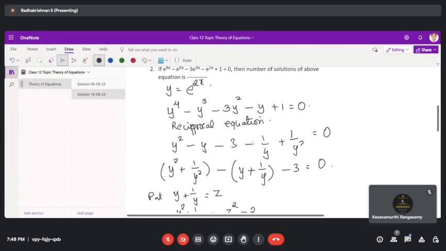So what is the range of y? It is positive. Range of y is positive. It cannot take a negative value. Given this equation, y has to be positive.